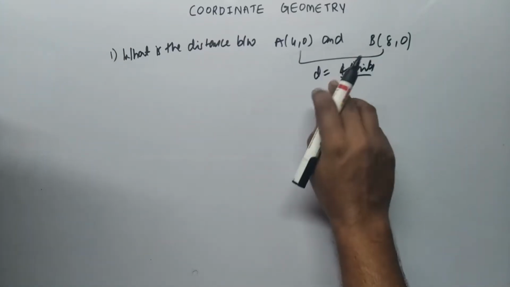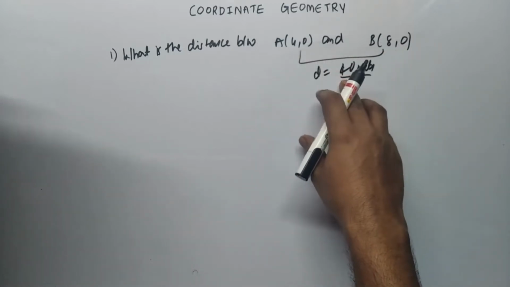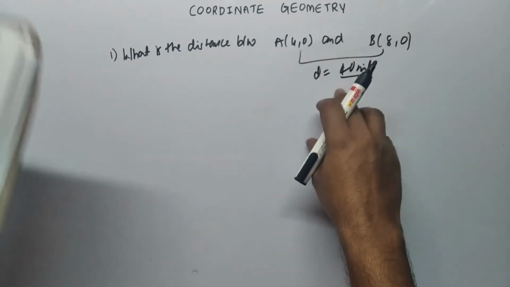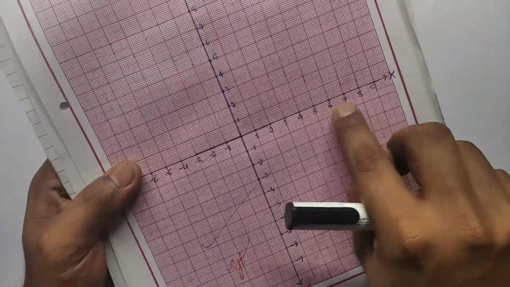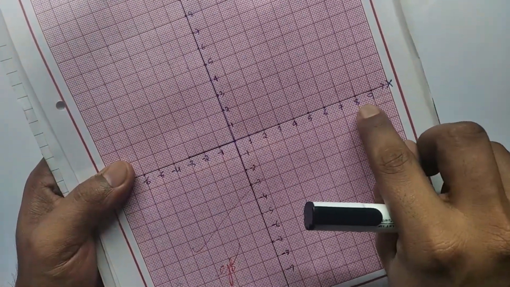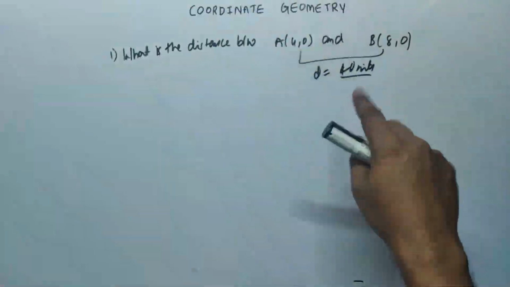The same thing which I have found on the graph can also be found with the help of the distance formula. Idi manam distance formula tho kuda chesukochu. Or else, what we have done here, you can see we have subtracted 4 from 8, because the y-coordinate is already 0, so no need to worry.